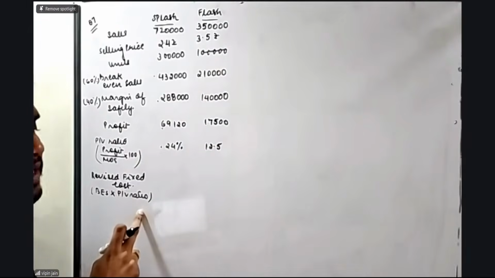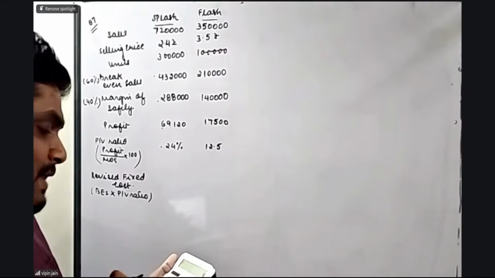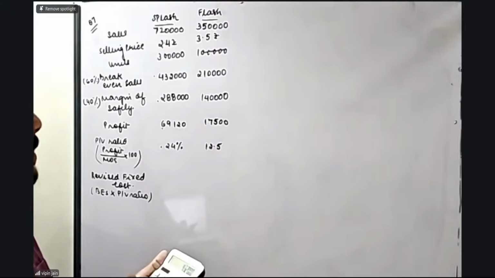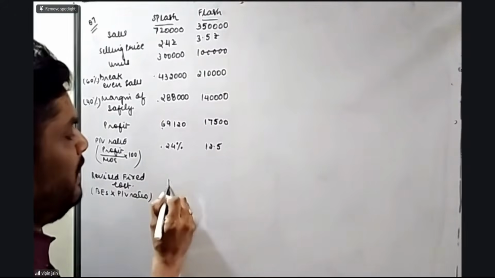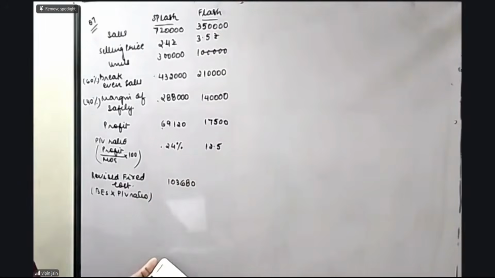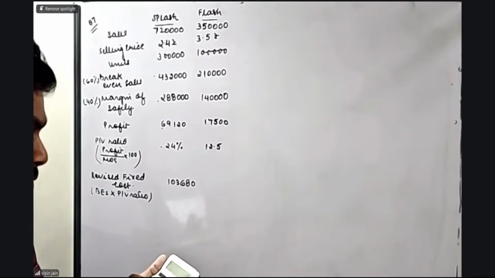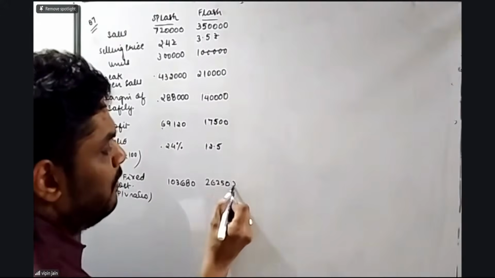So break-even sales multiplied by PV ratio will be fixed cost. So 4,32,000. So this will be 1,03,680. This will be 26,250.